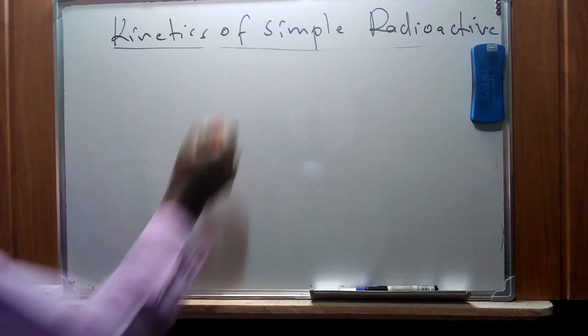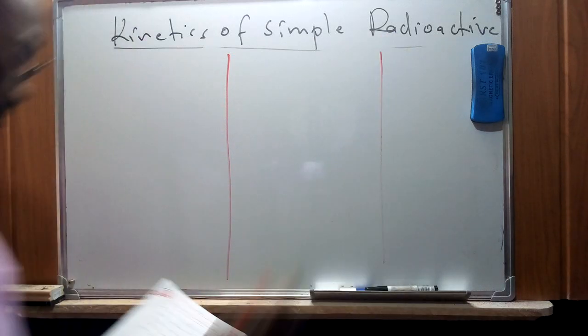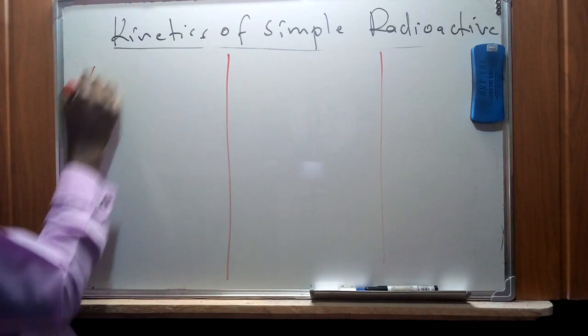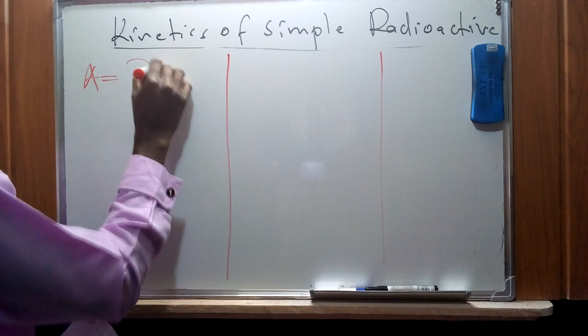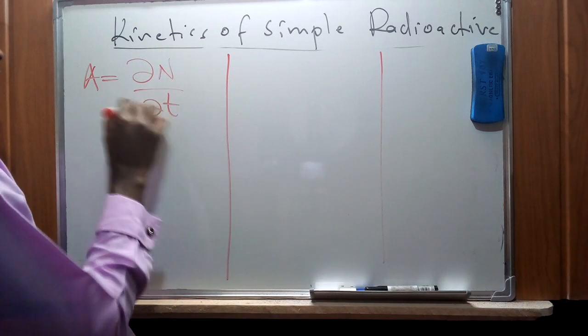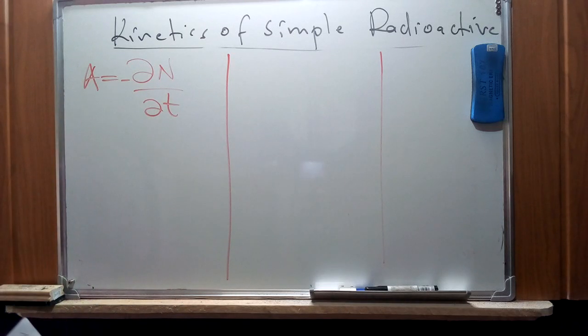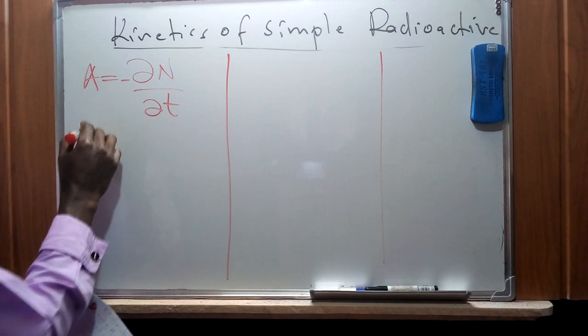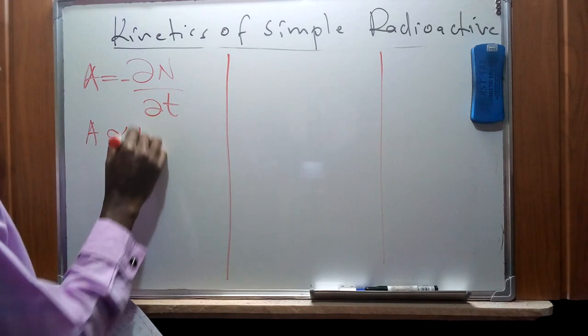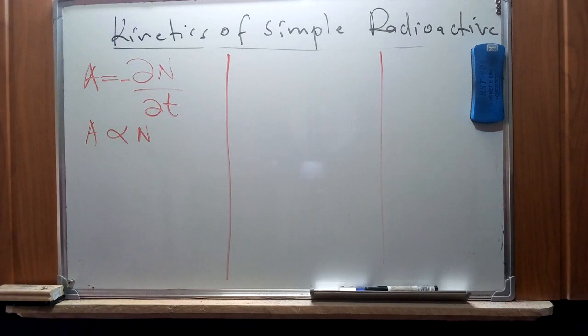So if I try to do an illustration using that, we have said that activity can be defined using that specific concept, whereby A, which is activity, is directly proportional to the number of nuclei present at that specific time.